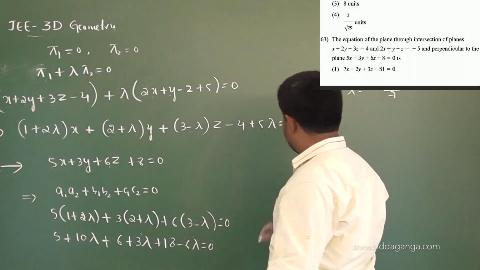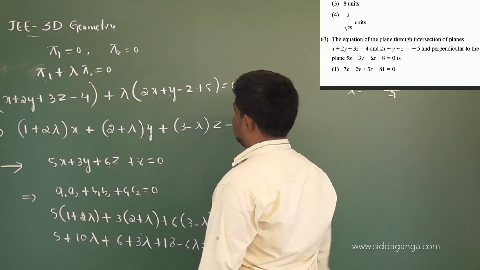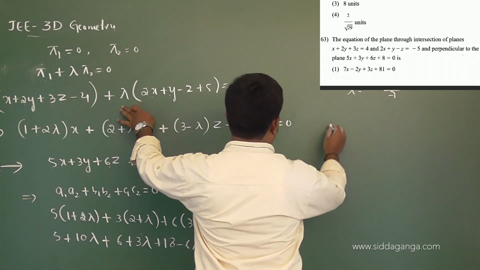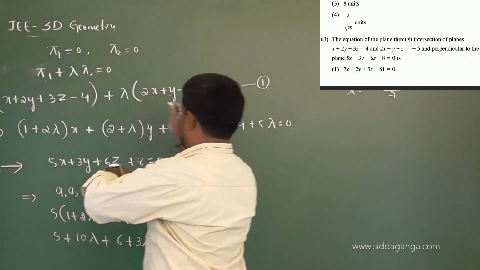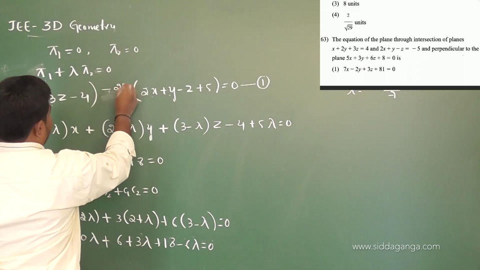So now let me substitute this value of lambda in the required plane. I am going to substitute lambda equal to minus 29 by 7.